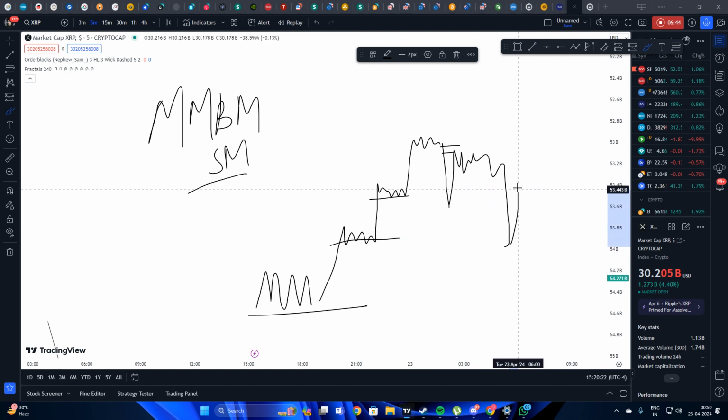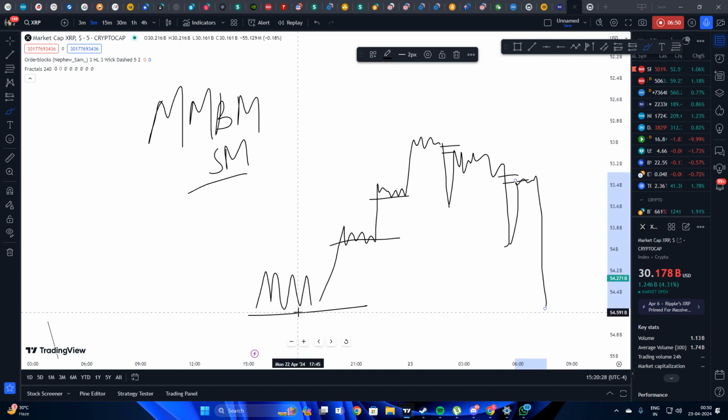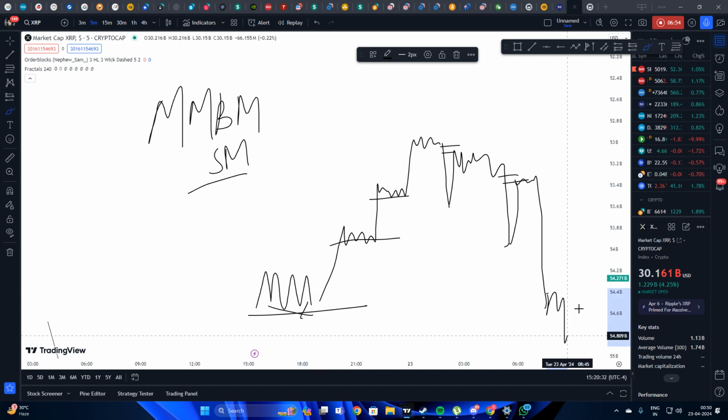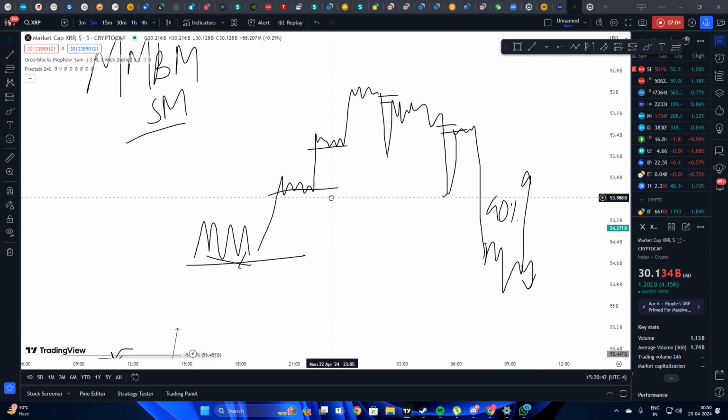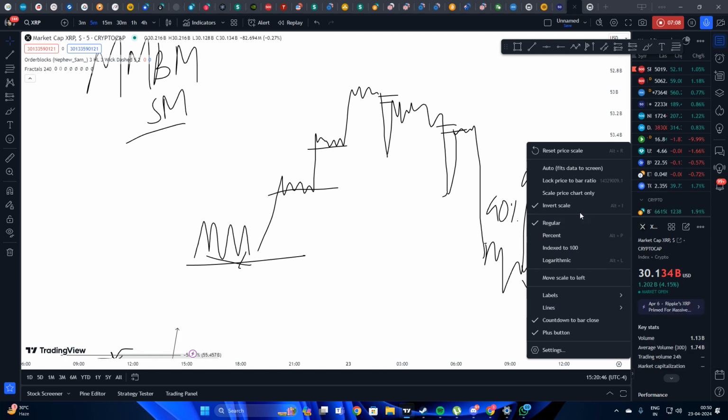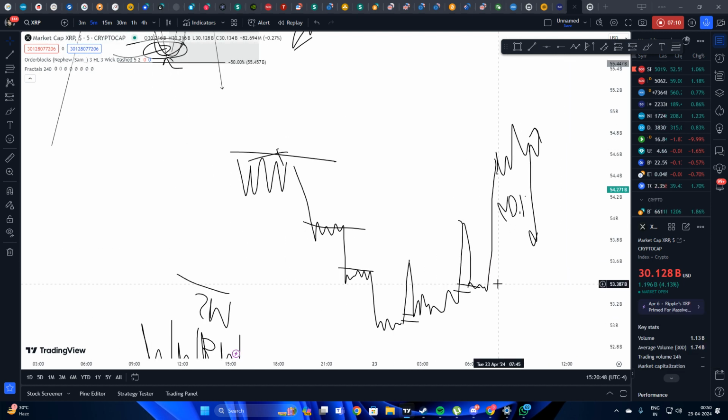It goes up, takes out these OBs, consolidates again, then goes down, taking out all these stops, consolidates, and either moves up or continues to move down. In 90% of the time, it moves in reverse. This is the sell model. The opposite is exactly the buy model. I'll just invert the screen for better understanding.